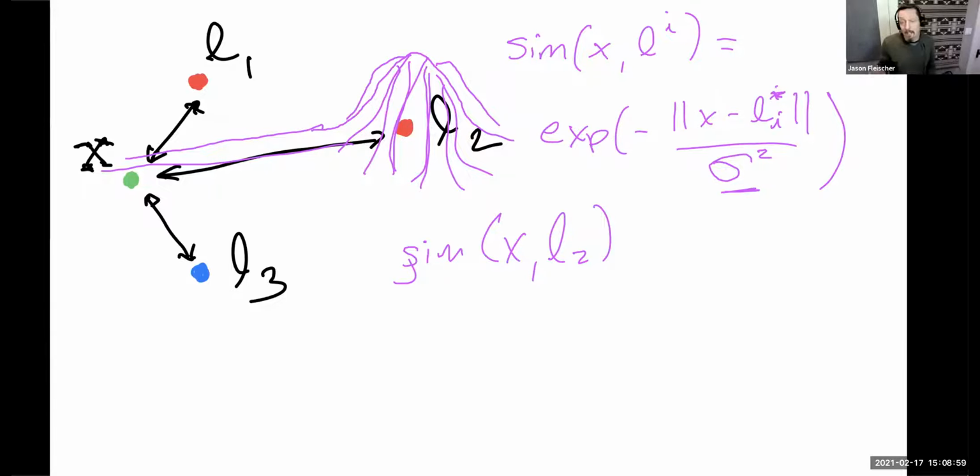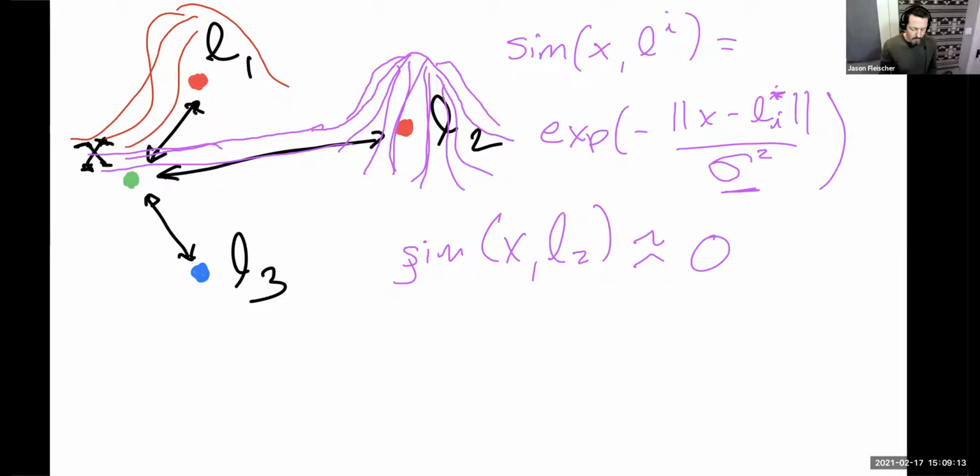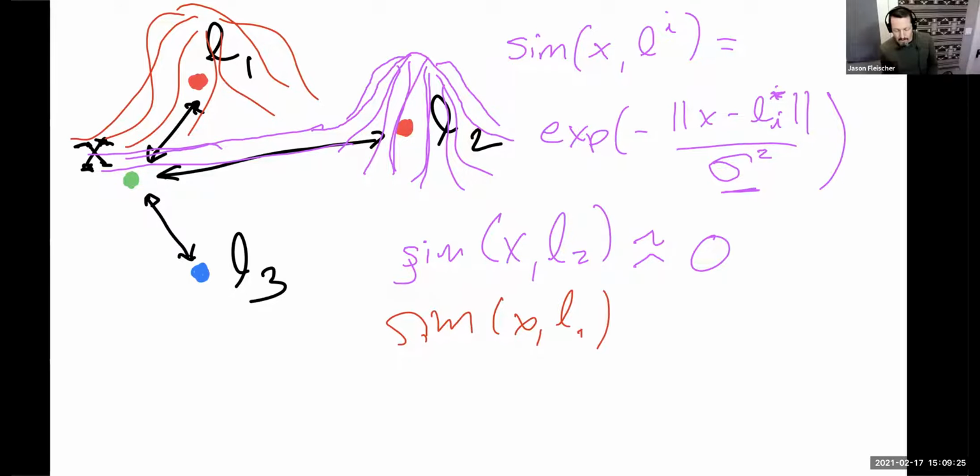So the similarity of our data point in L2 is something close to 0 because we're well out on the tail over here. And if we make this kind of Gaussian out here, and again, I apologize for my 2-dimensional Gaussian drawing, then the similarity of X and L1 is maybe something a lot bigger than that. Maybe it's less than a large number, but it's something much bigger than 0.